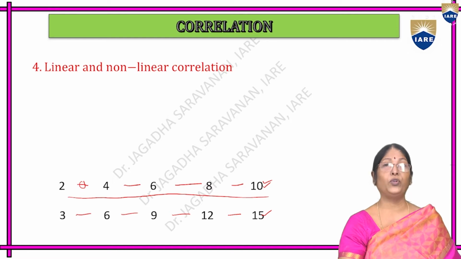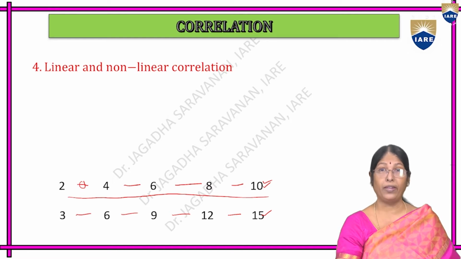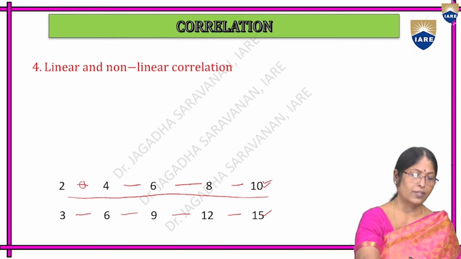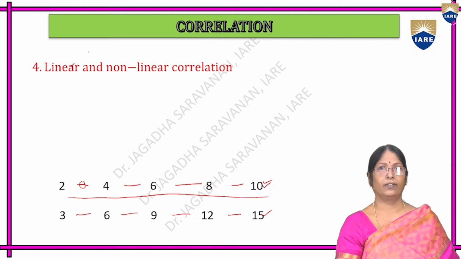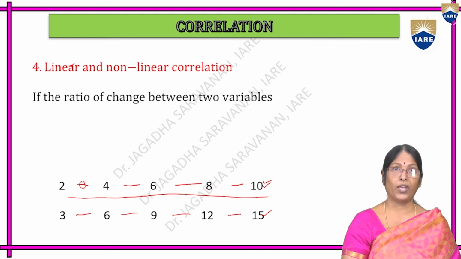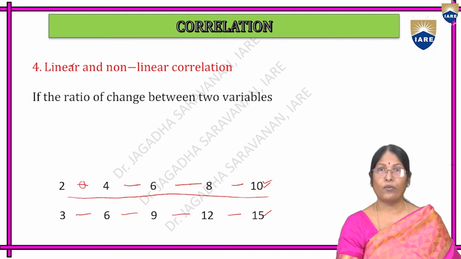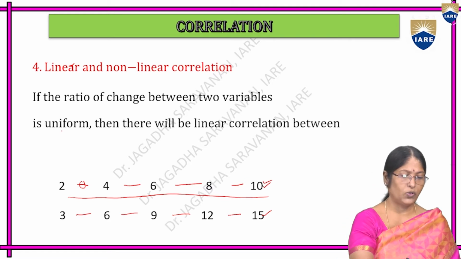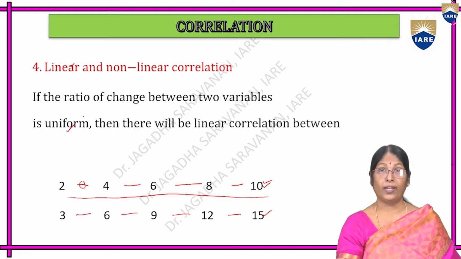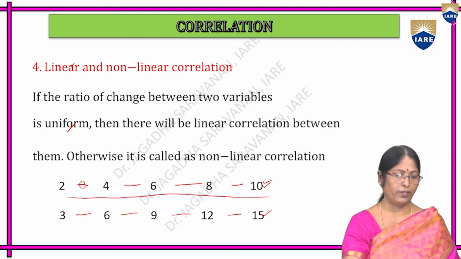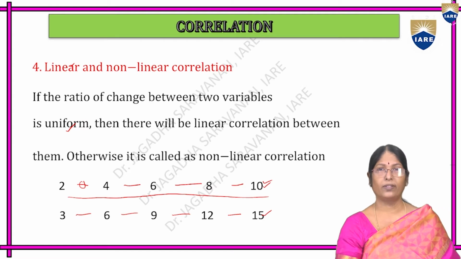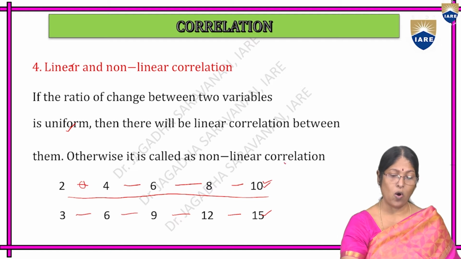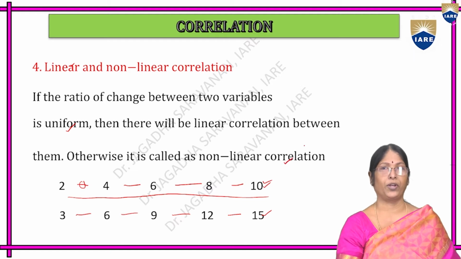If the uniformity is maintained, then it is linear. So we will discuss that. If the ratio of change between two variables is uniform, then there will be linear correlation between them. Otherwise, it is called non-linear correlation.